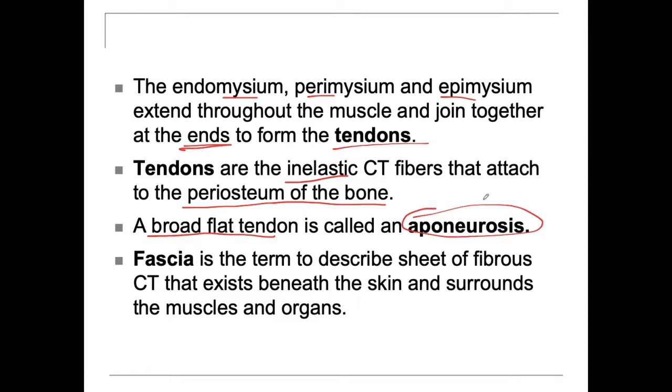When you study muscles like the lats, or the latissimus dorsi, and you look at the origin of the latissimus dorsi, it's called the thoracolumbar aponeurosis because it's a broad, flat tendon. It's huge. It goes from the thoracic to the lumbar.